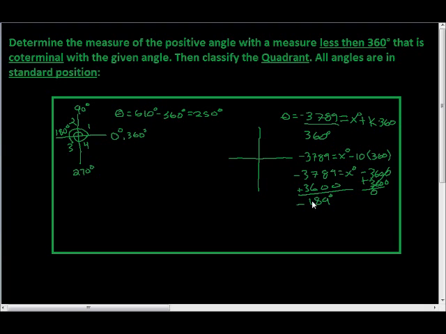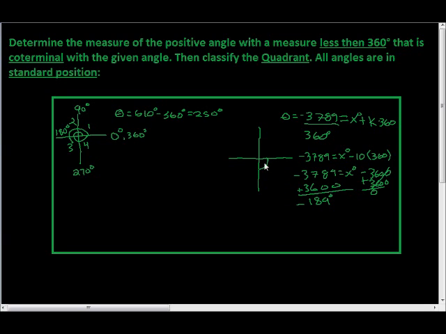Well, I'm left with 189 degrees, but I haven't yet classified what quadrant I'm in. So this being the coterminal angle, I can go ahead and say, well, if that's how far I've traveled, then let's start at the coterminal and let's go around 189 degrees.